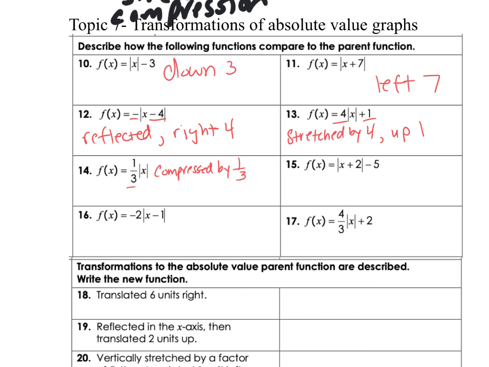Number 15, H is positive 2 or plus 2, that's going to be left 2. And then K is minus 5, that's going to be down 5. 16, A is negative 2. That's reflected and stretched by a factor of 2.